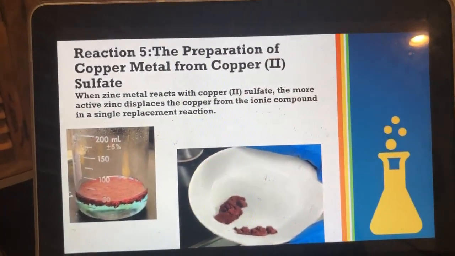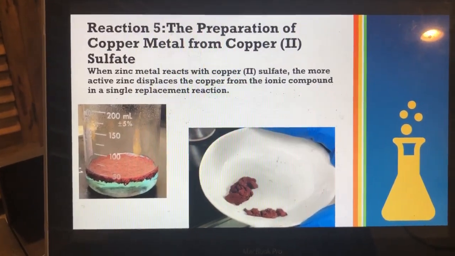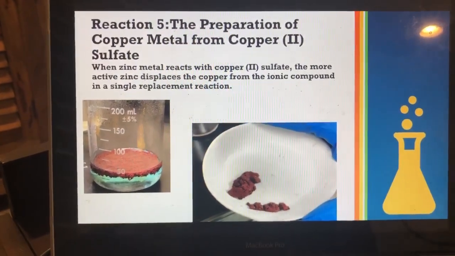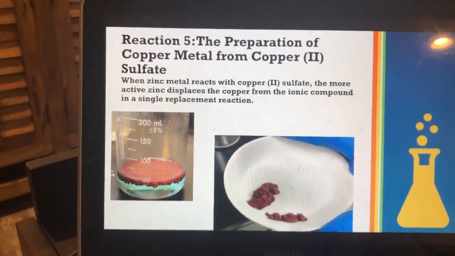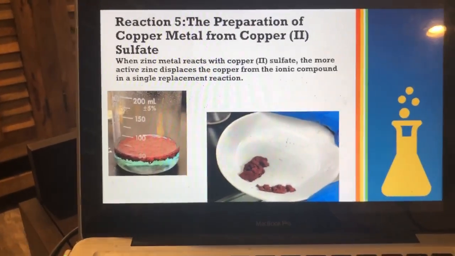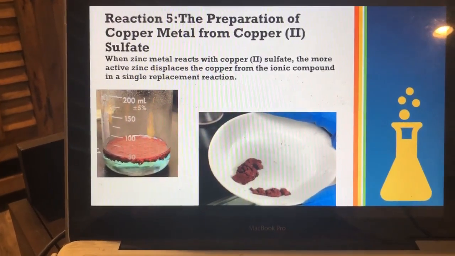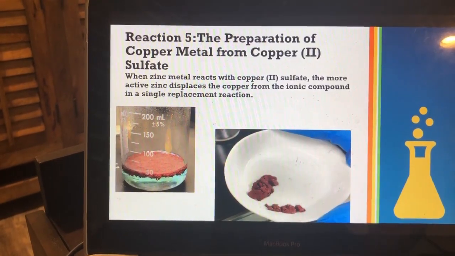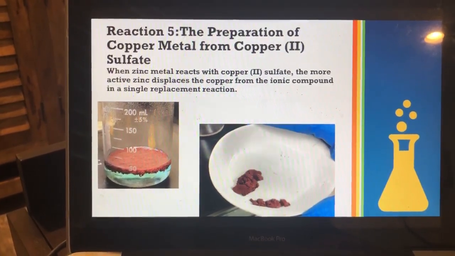Now, whenever you take the copper 2 sulfate and you react it with zinc, it's going to fizz a lot. And then we're going to treat it with some methanol and some acetone. Remember that methanol and acetone, those types of compounds, evaporate quickly and they dry things out quickly.